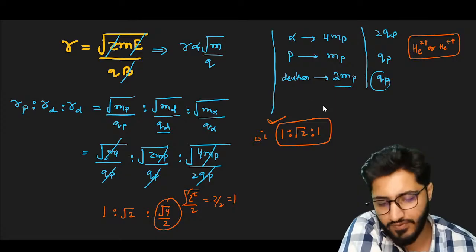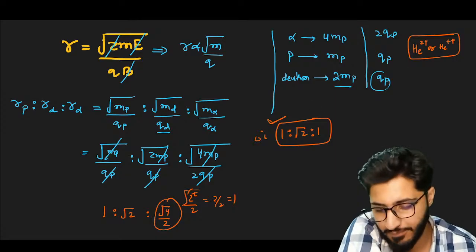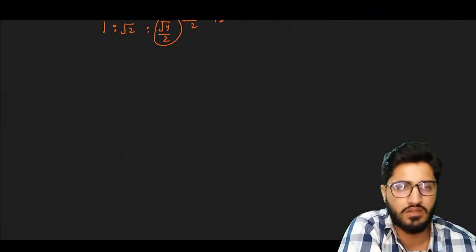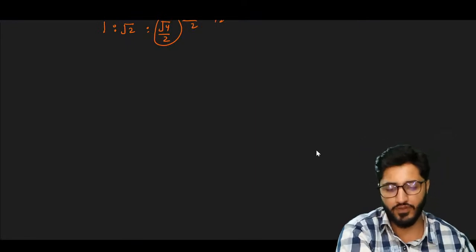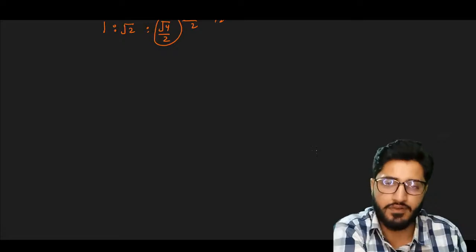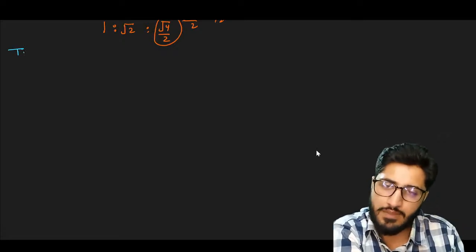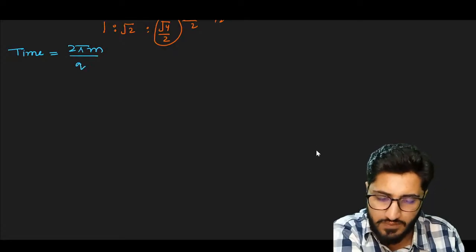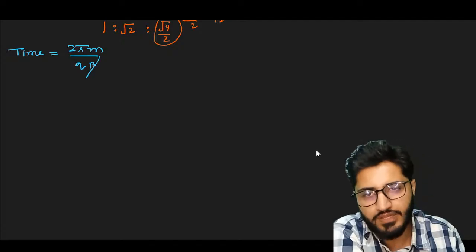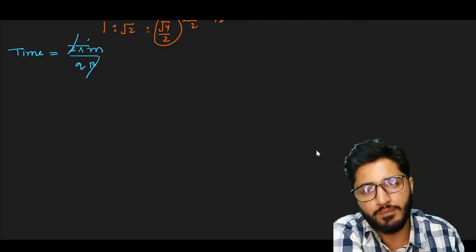Now if somebody asks you to find the relation of the time period also, what is the time period relation? Time period is 2 pi m by qB. Look, B is the same, 2 same, pi same.